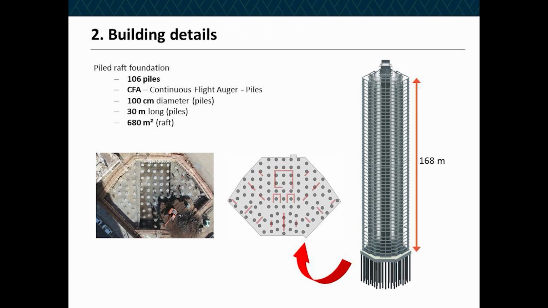Well, the raft has an area of about 680 square meters, and we can check this in the image on our left, which is an aerial view, a picture taken from a drone. So by this phase, the piles were already done, and what they were doing was excavating to then execute the raft.